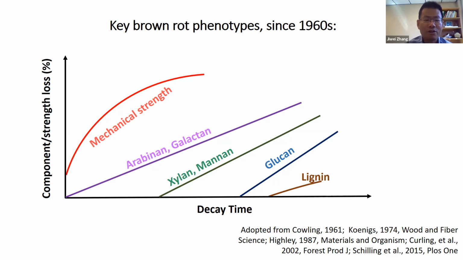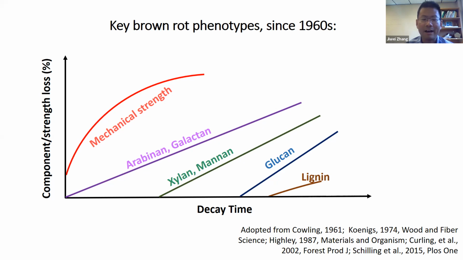So it's after the mechanical strength loss step that these fungi will start eating the carbohydrate, following the order of arabinose, galactans, xylans and mannans, which are hemicellulose. And finally, they will eat almost all of the glucans, which are made of glucose.